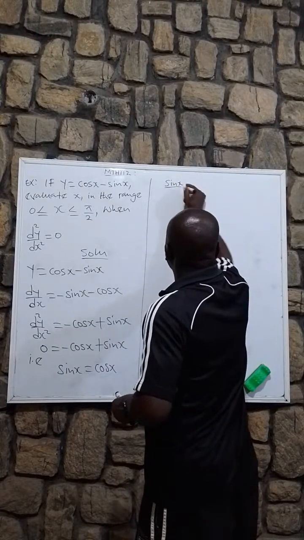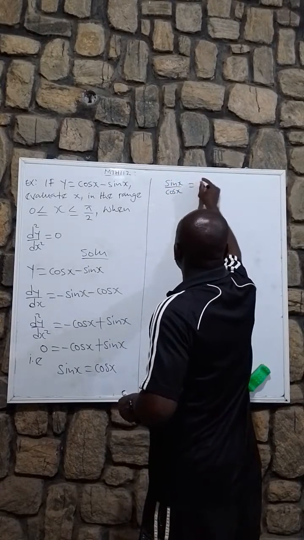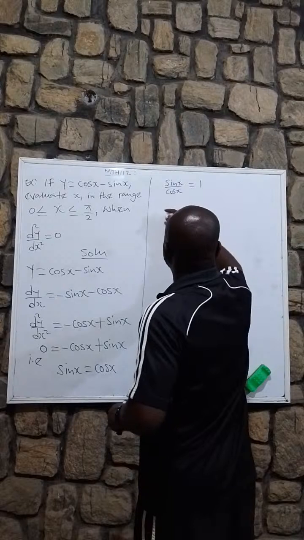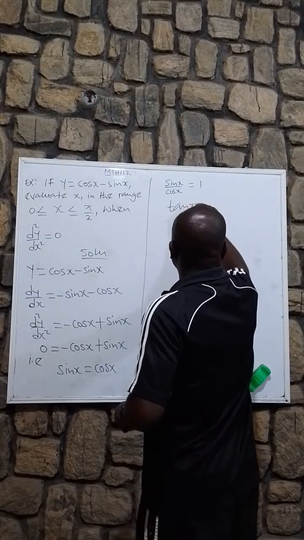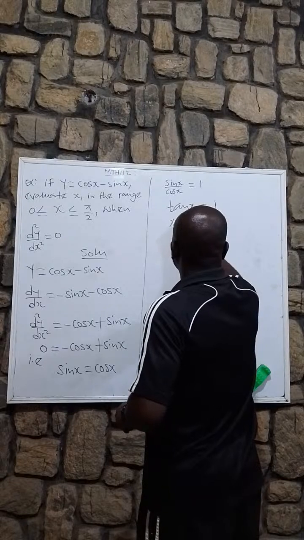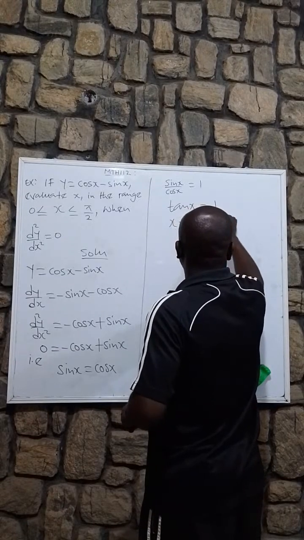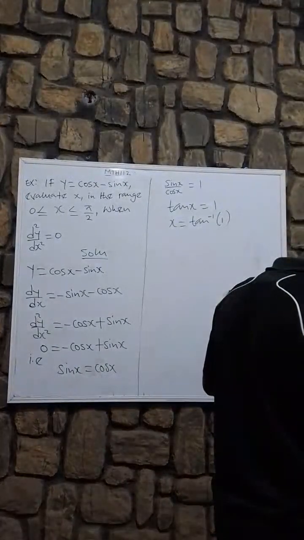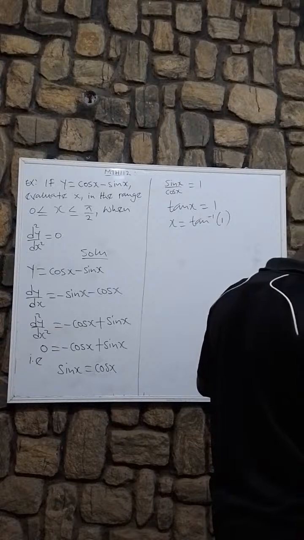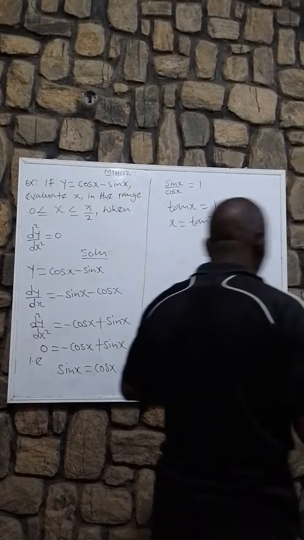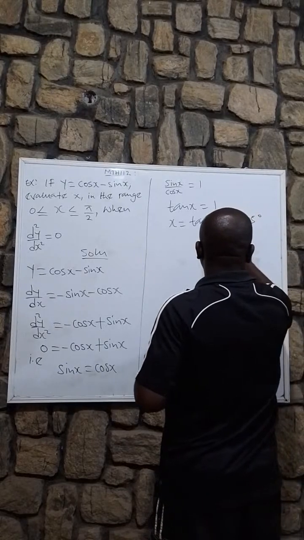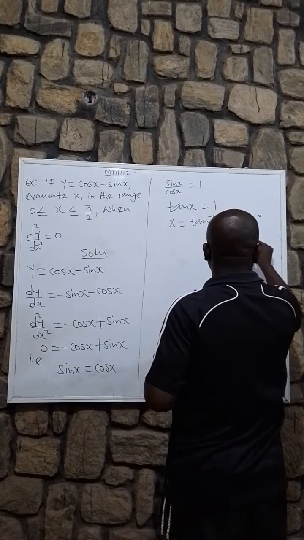So this is sin x all over cos x, which is equals to what? 1, right? So it means this is tan x. Our tan x is equals to 1. So x will now be equals to tan inverse of 1. You are going to have either 45 degrees or pi all over 4 radians.